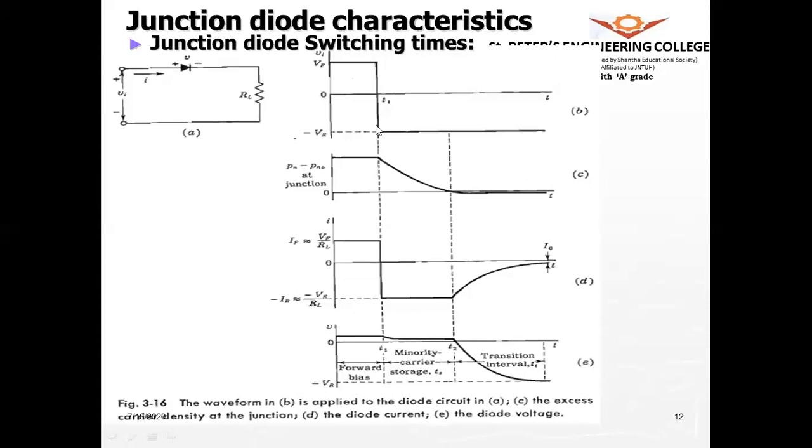When the diode goes into the reverse bias condition, there is approximately zero current, ignoring the reverse saturation current. The current does not flow, so it acts as an open switch. So the diode acts as a closed switch in the forward bias, and as an open switch in the reverse bias.